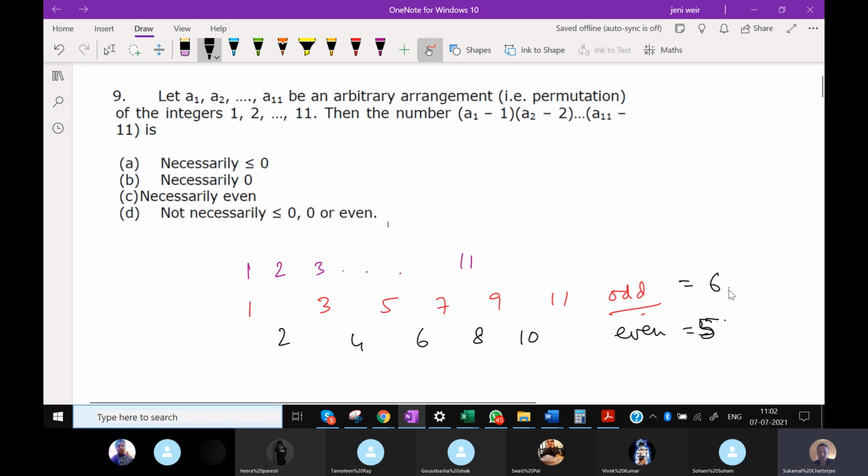6 odd numbers. So therefore, if I arrange them in any order, right? Arbitrary arrangement, no order. So any term can fill in the value of A1, A2, A3, up to A11.